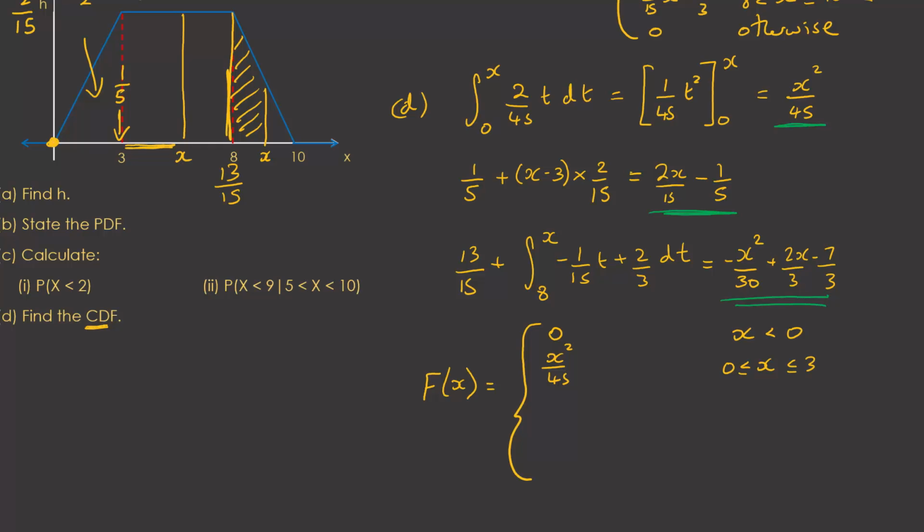It's then going to be 2x over 15, take away 1/5 between 3 and 8. It will then be negative x squared over 30 plus 2x over 3, take away 7/3 from 8 to 10, and then it will be 1 if x is more than 10.